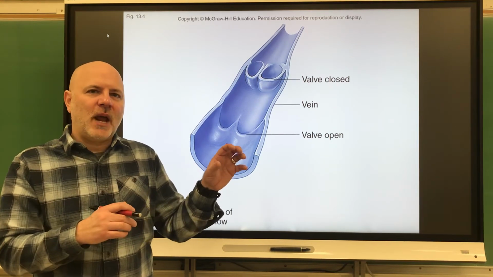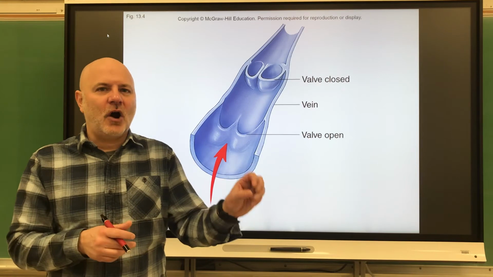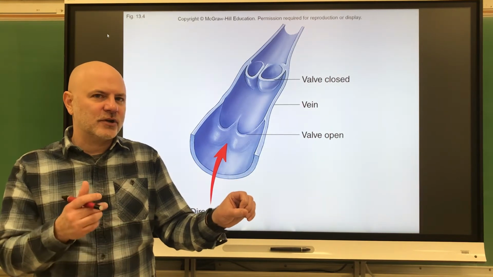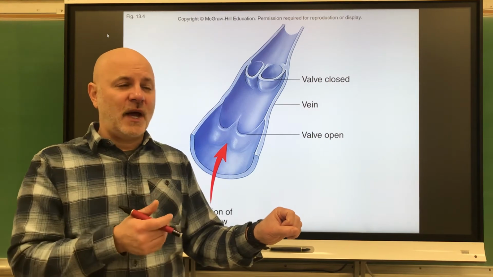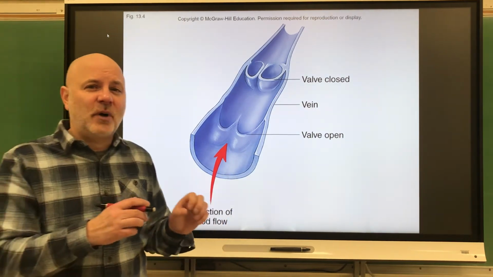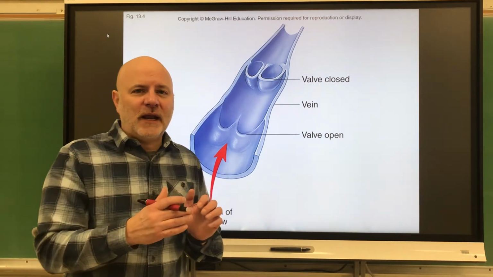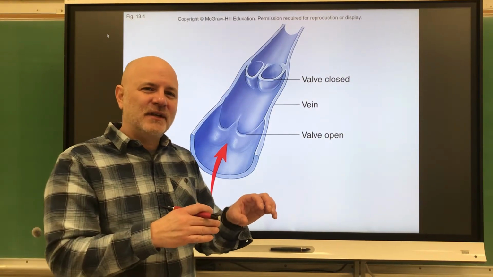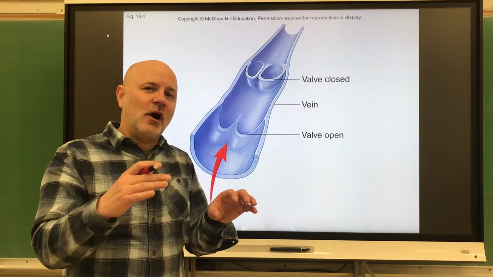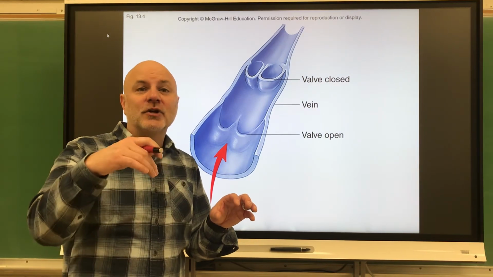So if we go from aorta, our largest blood vessel, to arteries, which are smaller, blood pressure goes up, to arterioles, which are smaller still, blood pressure still goes up, to capillaries, which are very small blood vessels, blood pressure is very high there, all right? And then when we go from capillaries to venules, and then to veins, every time we get a larger blood vessel, the blood pressure goes down.